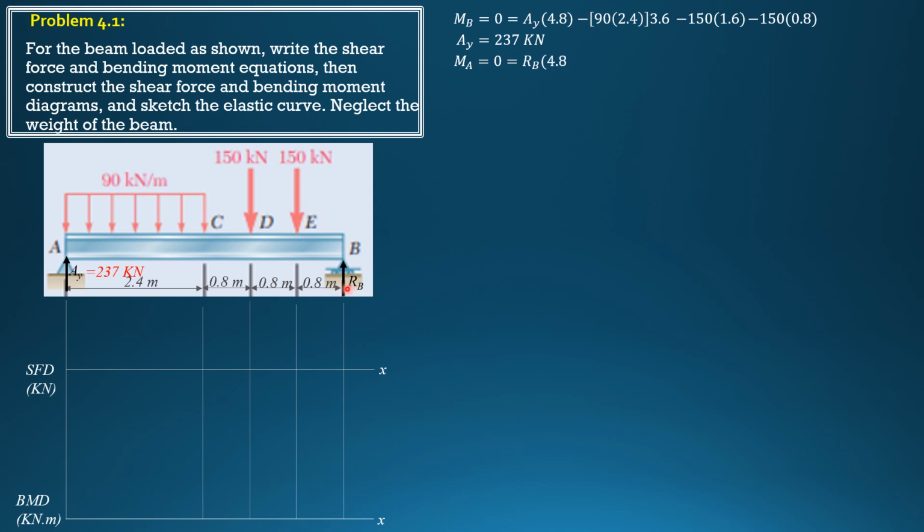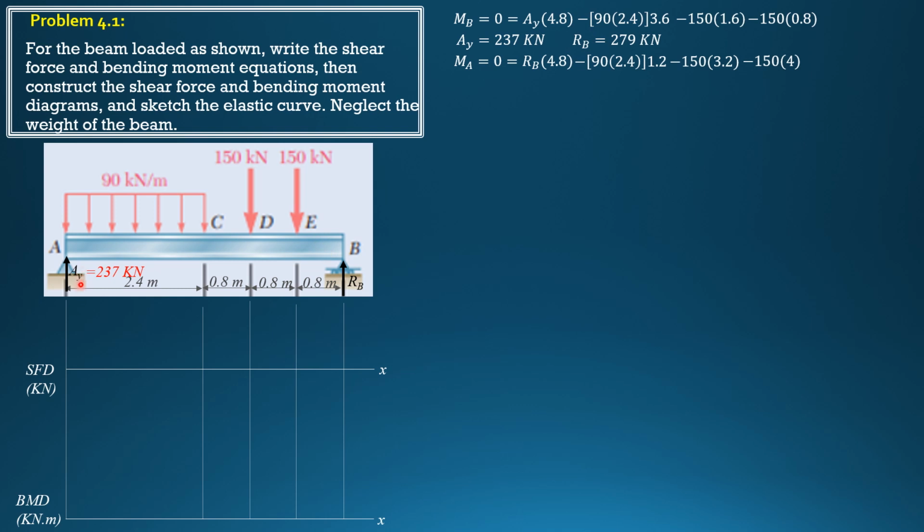So summation moment A is 0, counterclockwise positive, so RB times 4.8, then minus 90 times 2.4 times 1.2, then minus 150 times 3.2, which is 0.8 plus 2.4, then minus 150 times 4, which is 3.2 plus 0.8. Then RB is equal to 279 kilonewtons.